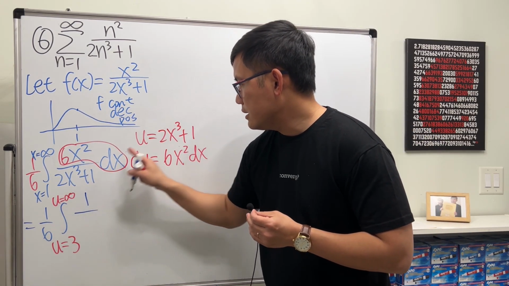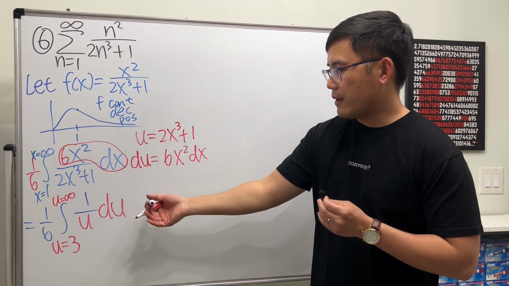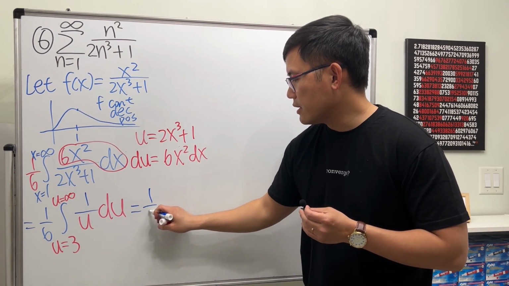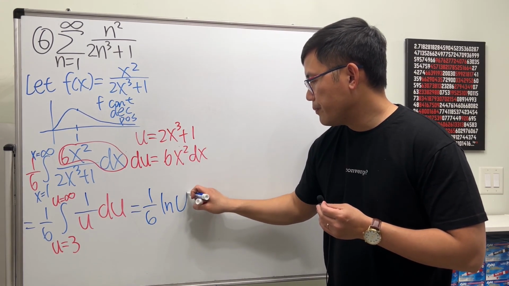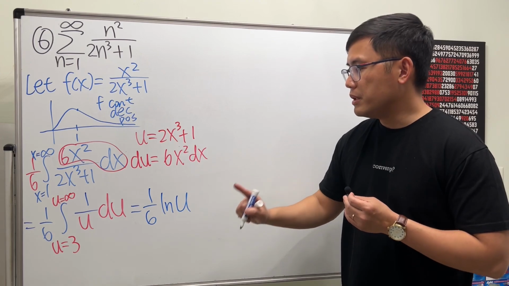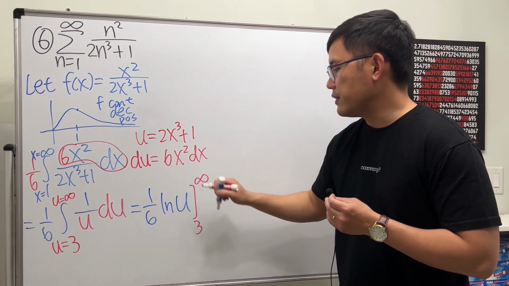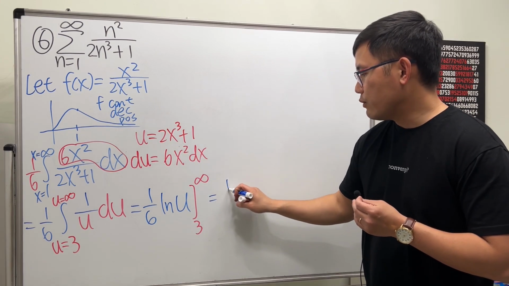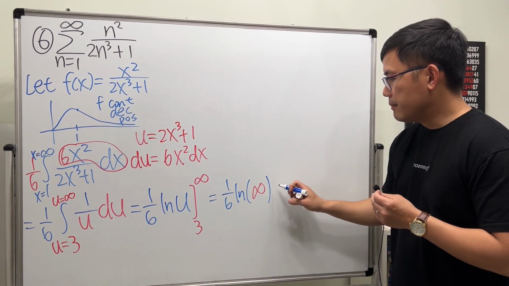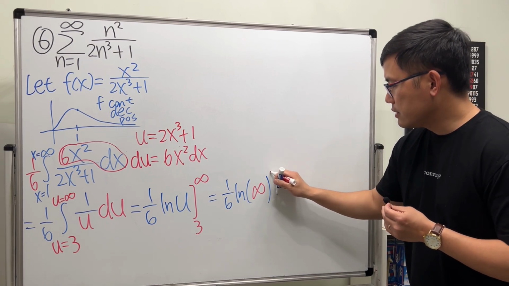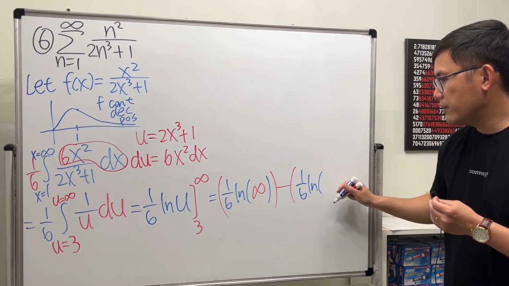And then this is our u. Okay, now we have the 1 over 6 in the front. Integrating 1 over u, we get natural log of u. We don't need the absolute value because we are going from positive 3 to positive infinity. So it looks like we have 1 over 6 ln of infinity, and then minus 1 over 6 ln of 3.